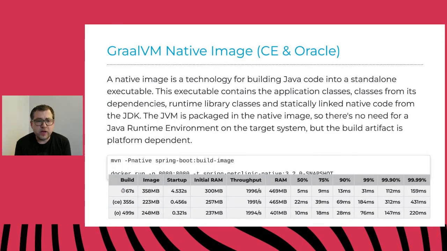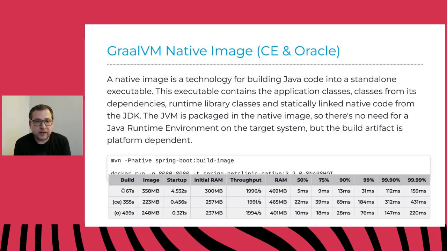And then of course, what should not be missed here is also Graal native images, because everyone talks about that and how much faster it is. What I can tell you is go for the Oracle GraalVM native image version, because it's so much better than the community edition. You see that in the numbers.